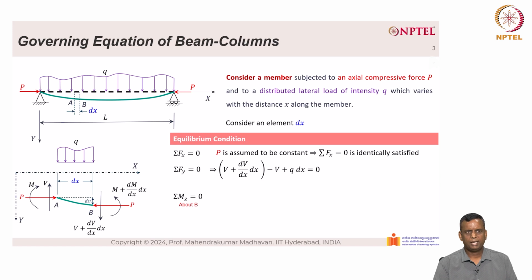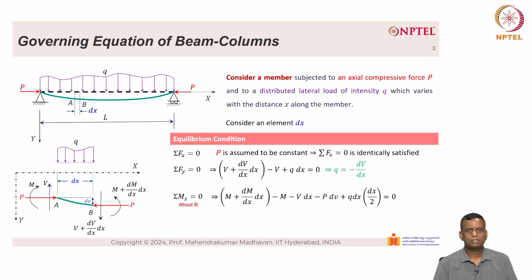Here we are taking the load acting downwards, that is the positive y direction, as positive. So V plus dV/dx into dx is acting downwards, positive. V acting on the left side is acting upwards, negative. And then the lateral force Q is acting, so Q into dx is equal to 0, which implies q equal to minus dV/dx.